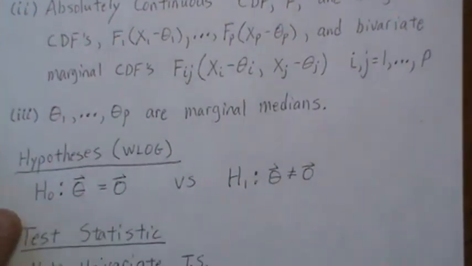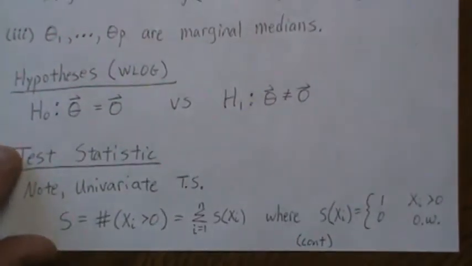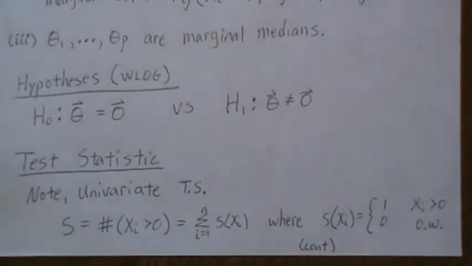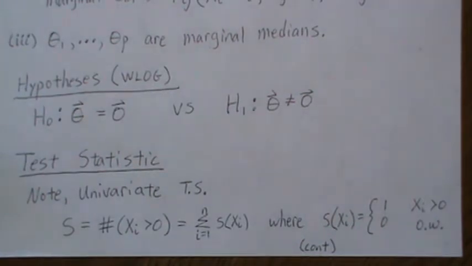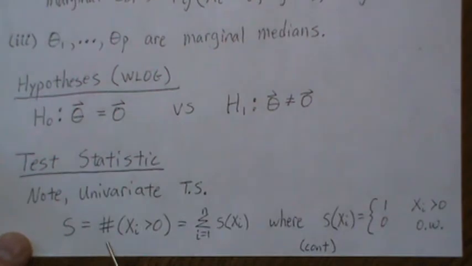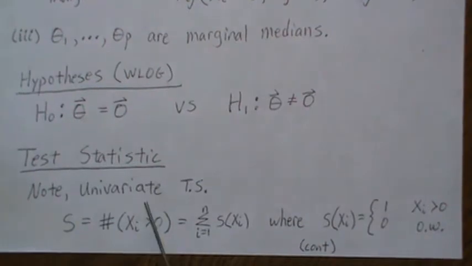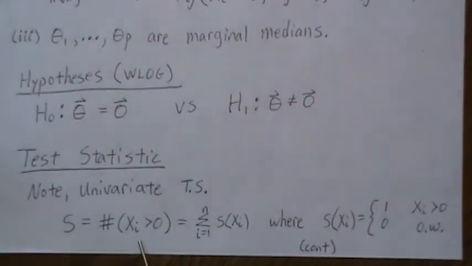Now our test statistic. Before I jump into the test statistic, I want to remind us what we did in the univariate case. In the univariate case, we looked at S as our test statistic, which was the number of data points greater than 0. If we're proposing the median is 0, then about half our data should be greater than 0.